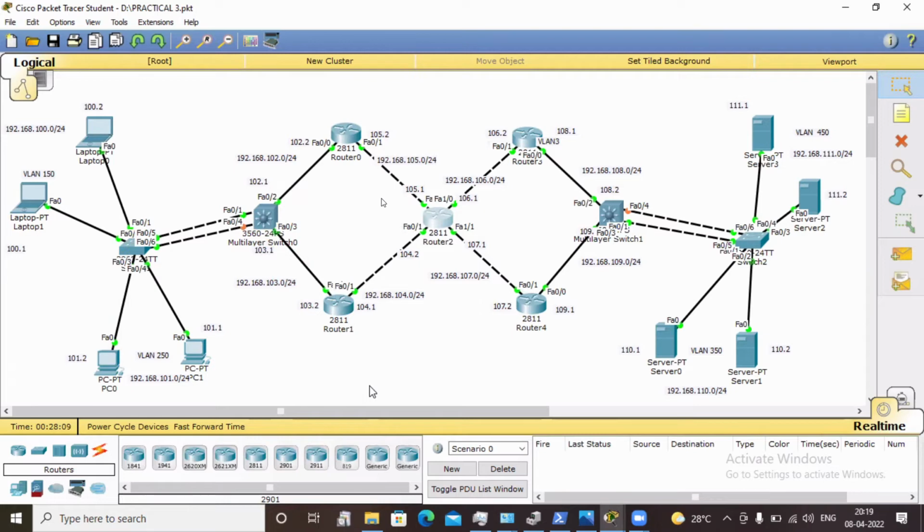So first of all, create your VLAN first. Okay, the VLAN configuration we have to do first.